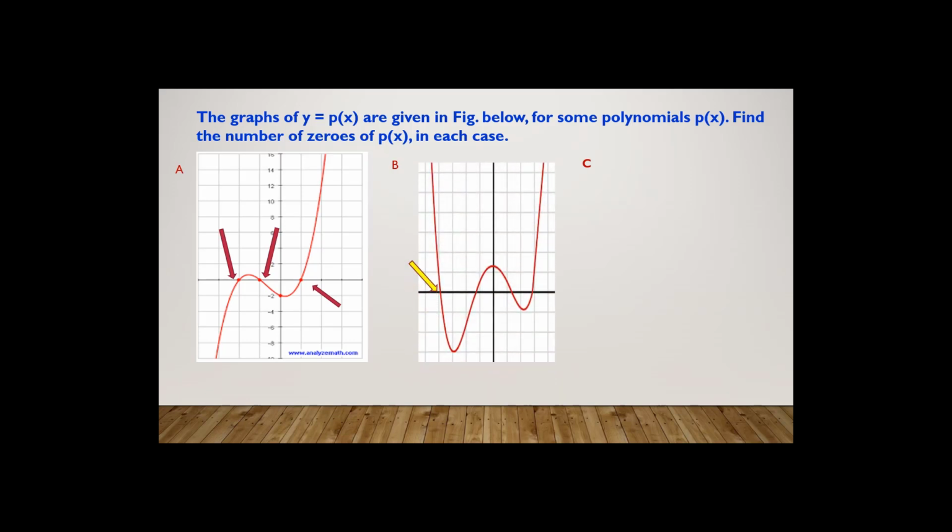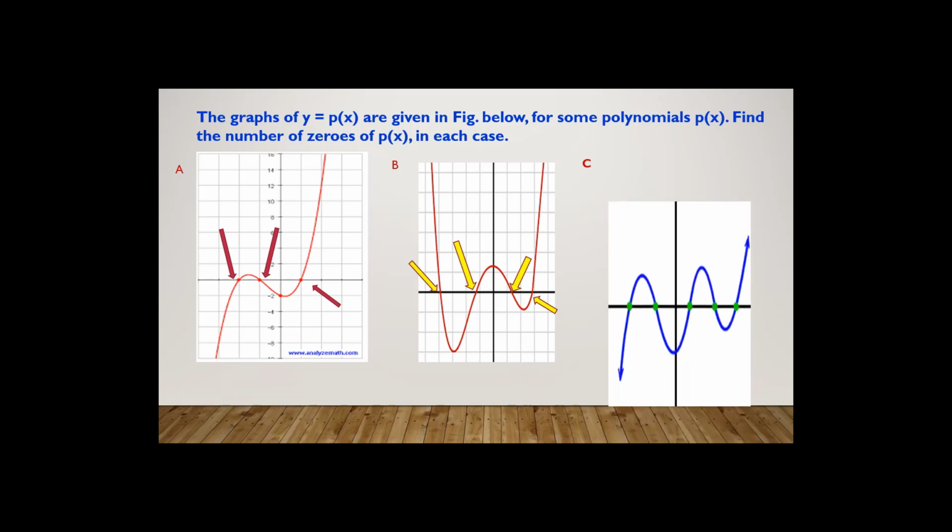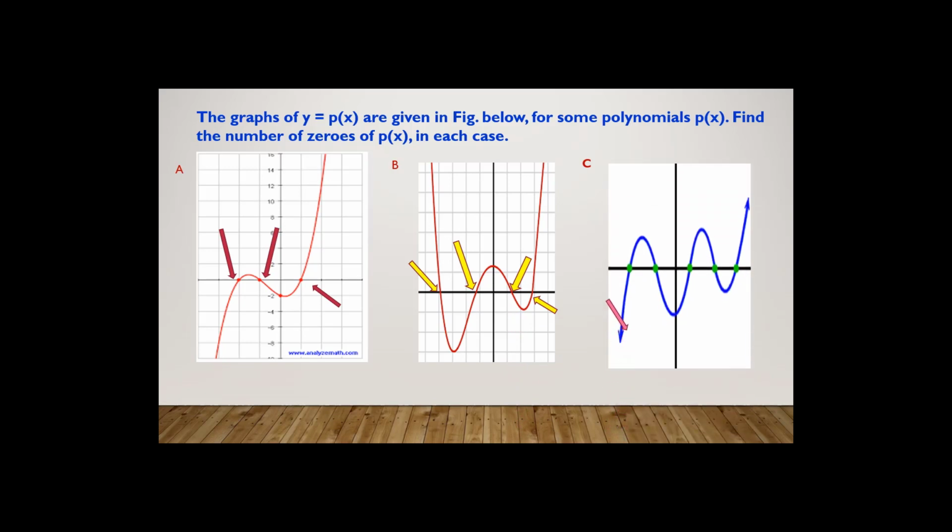Here comes the next colorful graph with its arrows as the hint. These arrows are depicting the points at which the graph intersects the x-axis. Yes, there are 4 zeros in graph B.